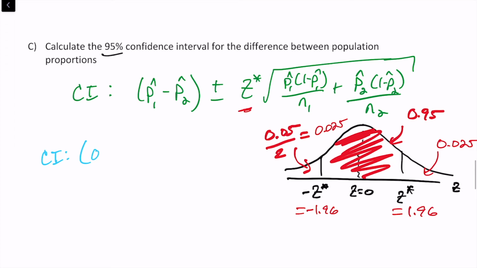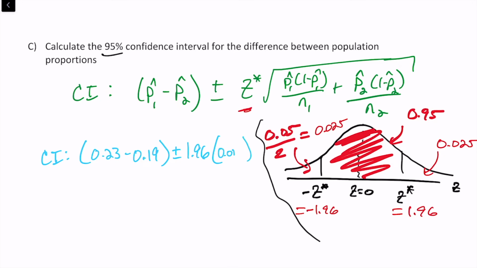So it's going to be 0.23 minus 0.19, that was our p2 hat, plus or minus Z star, which was 1.96, times our standard error, which we said was 0.017 from the previous part.